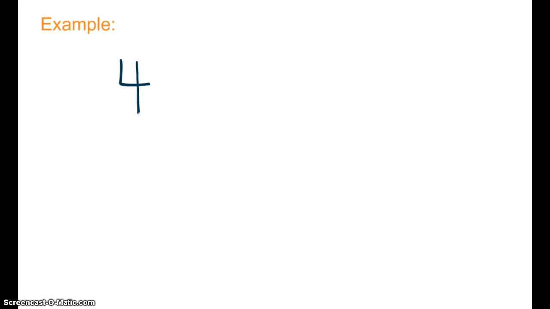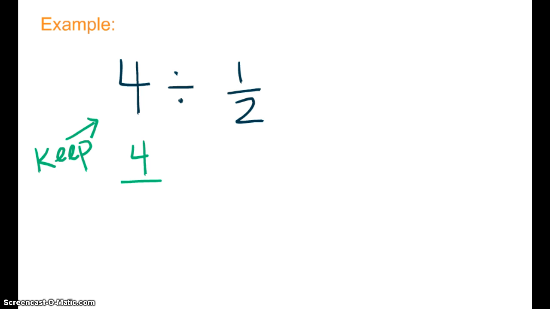So let's just think about this one example. If we have 4 divided by 1/2, we are going to keep our 4. 4 can be written as 4 over 1. We are going to change divide to multiply. So I'm going to write multiply.